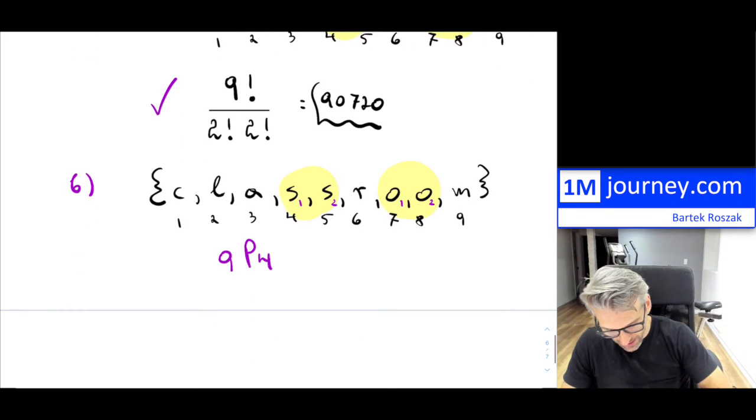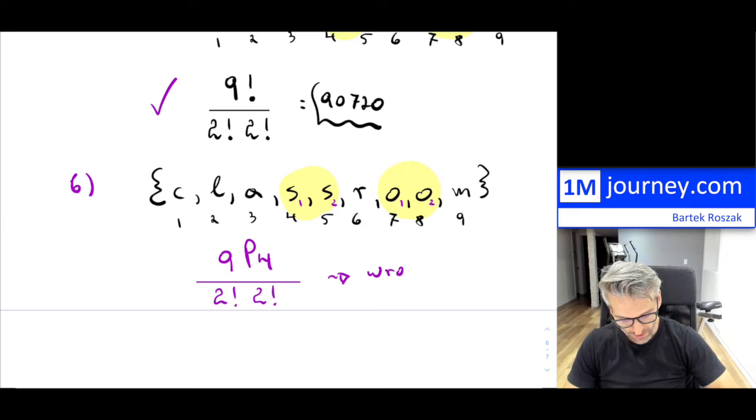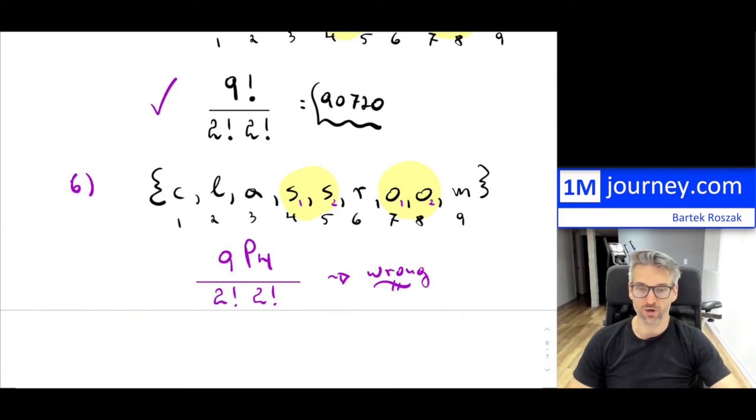But we certainly cannot do this here. We can't say this is 2 factorial and then we're done. This is actually wrong. It doesn't mean it's always wrong, but in general it is wrong. I did an example of this in that video I was linking for you.